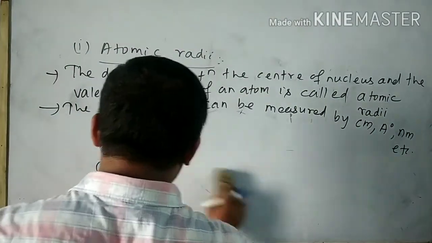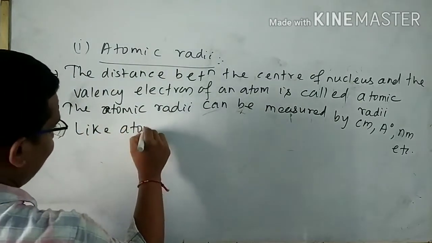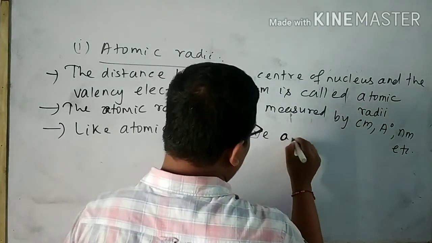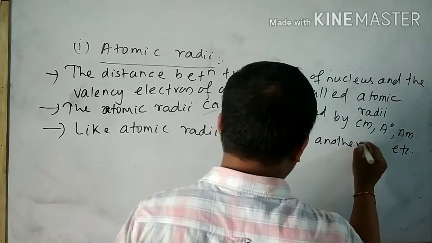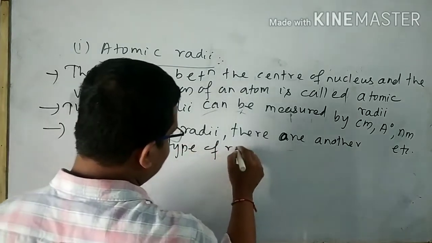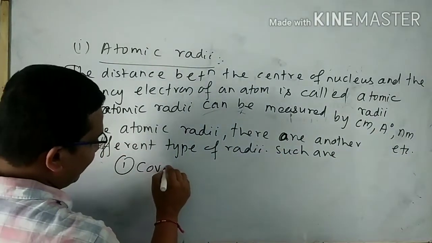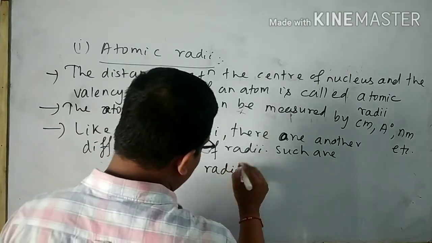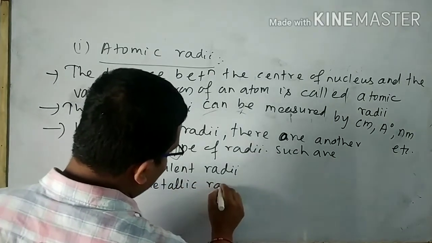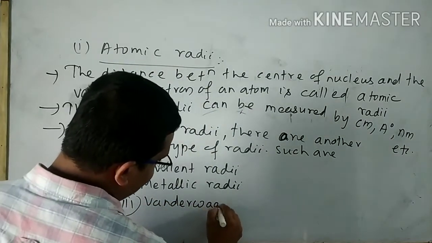Like atomic radii, there are other different types of radii present. These are number one, your covalent radii, number two, your metallic radii, next your Van der Waals radii.